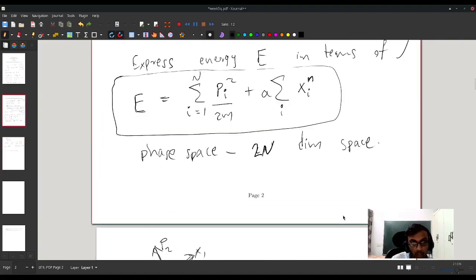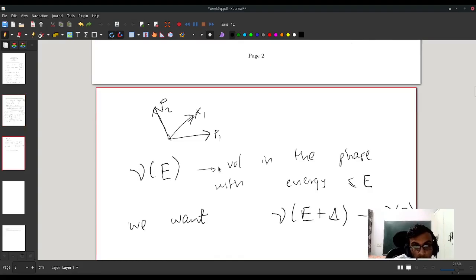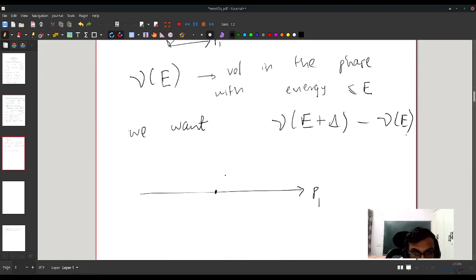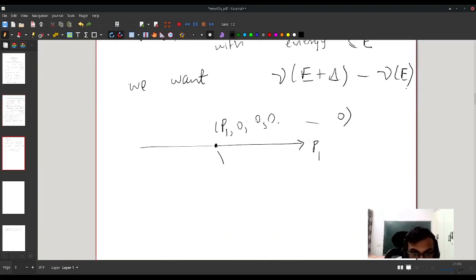Yes, indeed. Ultimately we would have a bounded volume, and we can ask when there is a solution of the kind P1, 0, 0, 0, 0 and so on. So only P1 is non-zero, everything else is zero. That is why this is on the P1 axis, and the answer would be, not surprisingly, square root of 2mE.